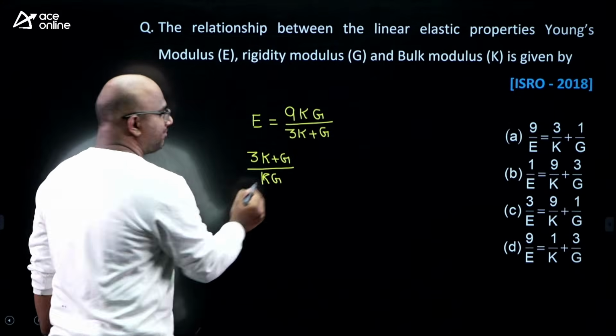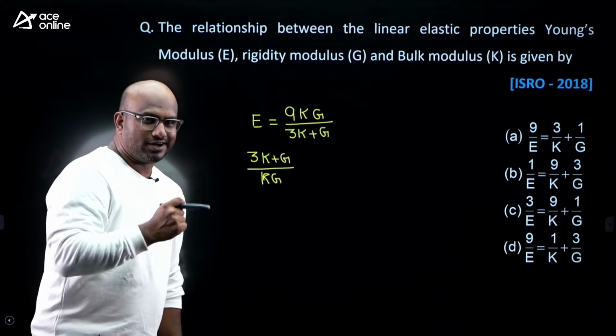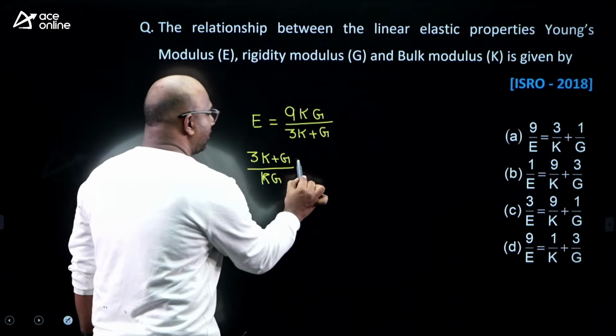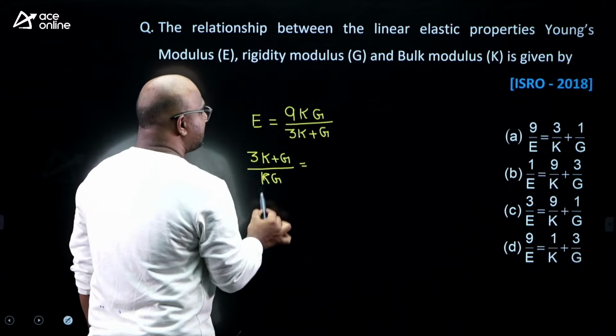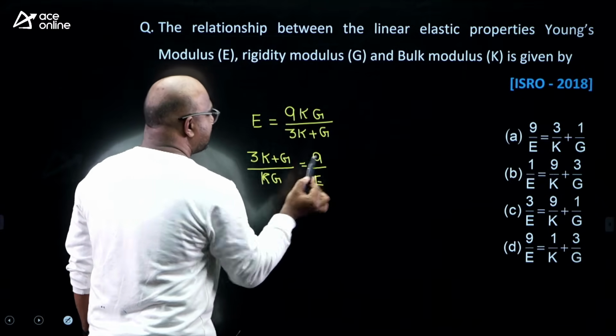K means what exactly? Bulk modulus of elasticity. G means rigidity modulus of elasticity. So 3K plus G by KG equal to how much, guys? 9 by E. 9 by E is fixed.